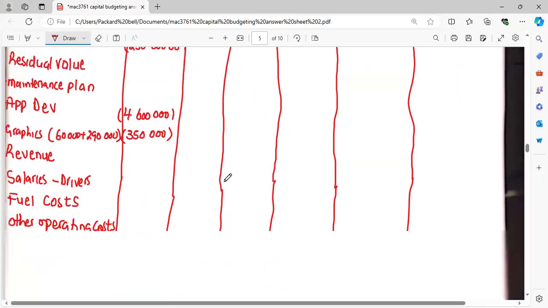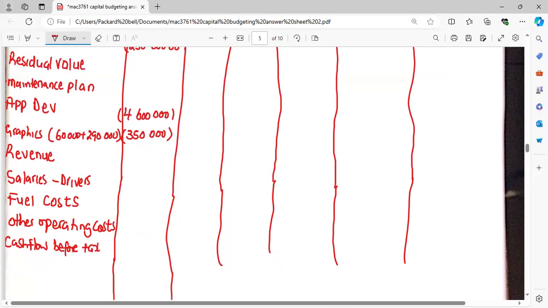So the next thing that you need to do is to calculate your cash flow before tax. Once you have your cash flow before tax, then you need your taxation. Then after taxation, you have your net cash flows.